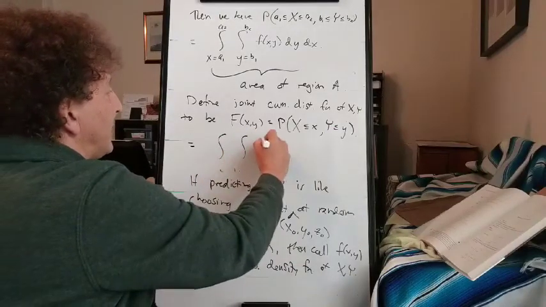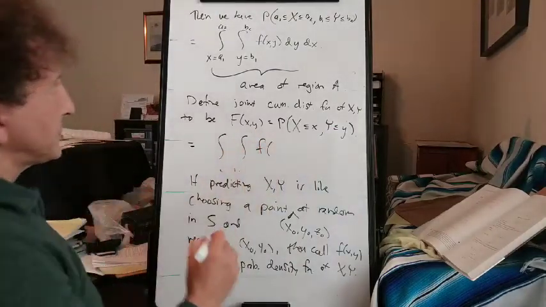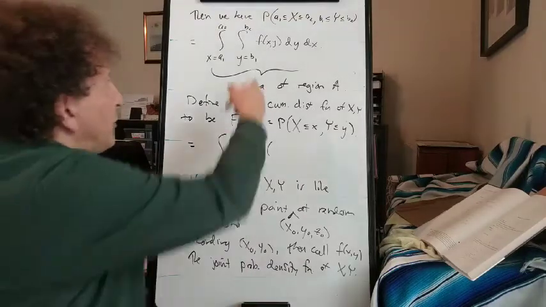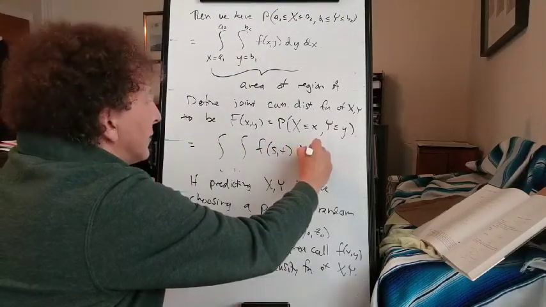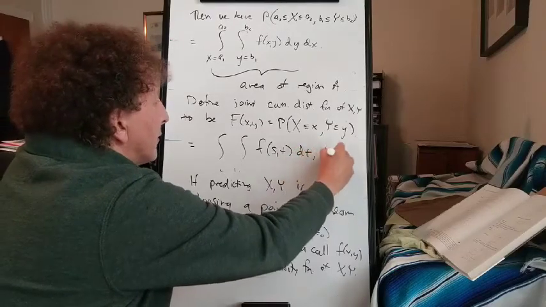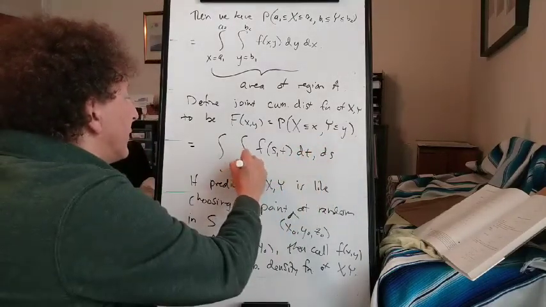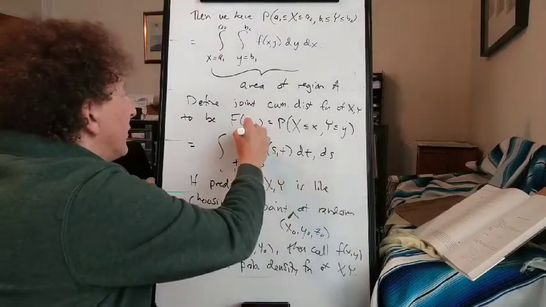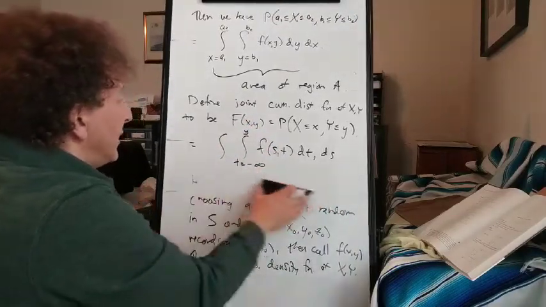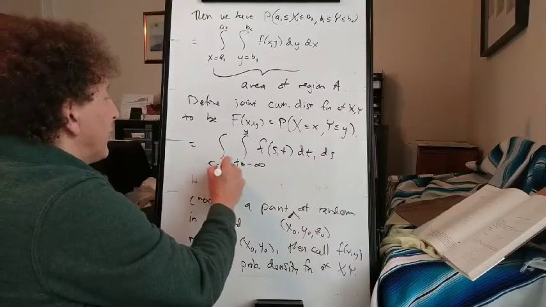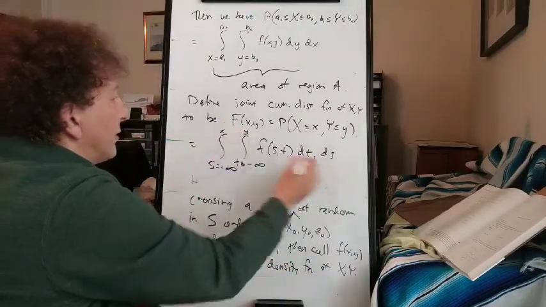And we can get that by taking an integral. Let me use dummy variables s and t. So t is going to go from negative infinity to y, and s is going to go from negative infinity to x.